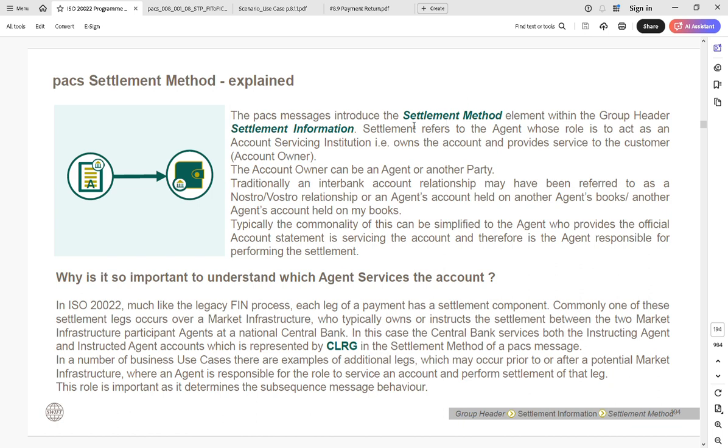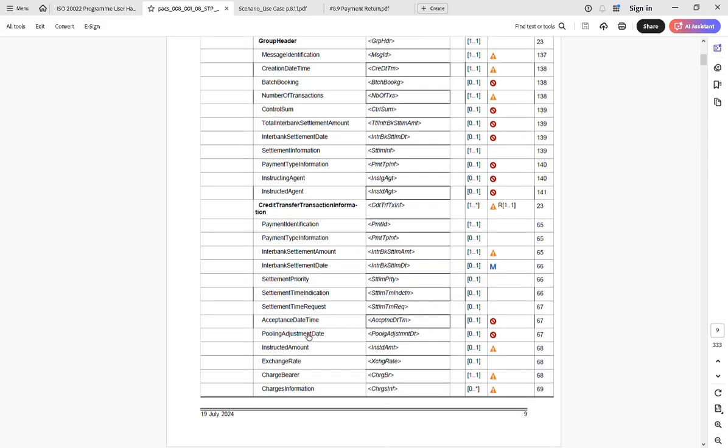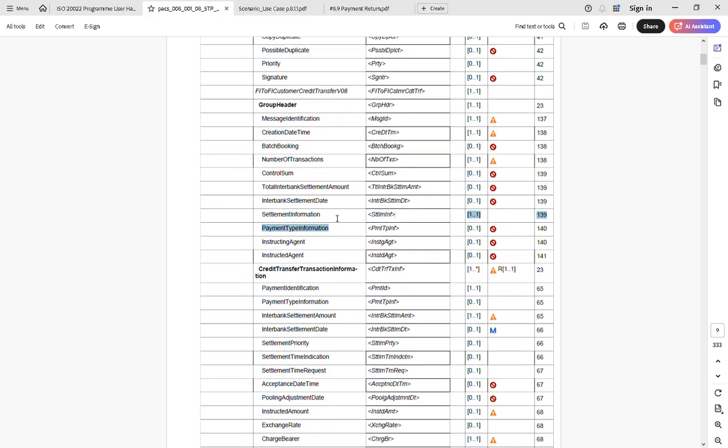It is located in settlement method. Here, if you see settlement information, can you see it is here? Settlement information is a one-by-one, I mean a mandatory, field.